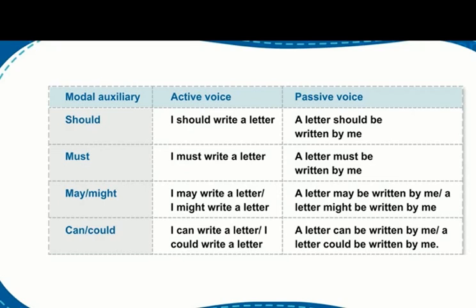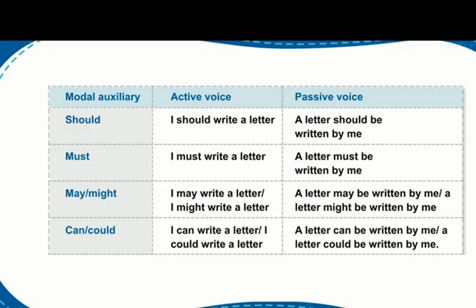So the subject, verb, object will be: I is the subject, should write is the verb, a letter is the object. Swap the position, a letter as subject and the pronoun I changes to me. The main verb write changes into verb 3, written.